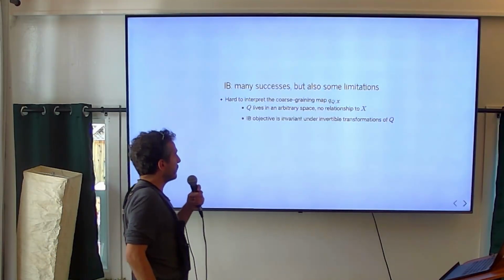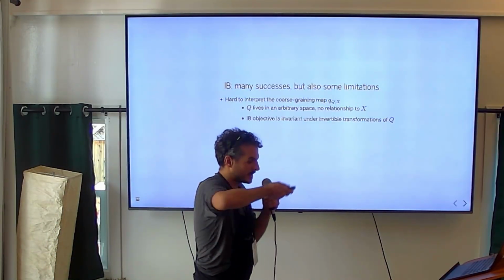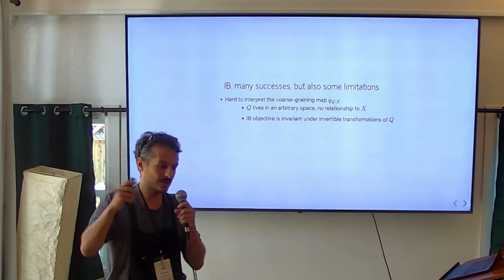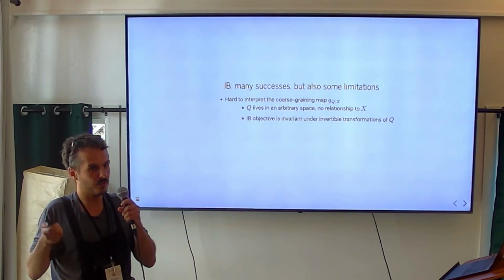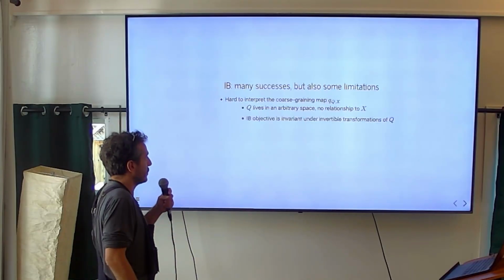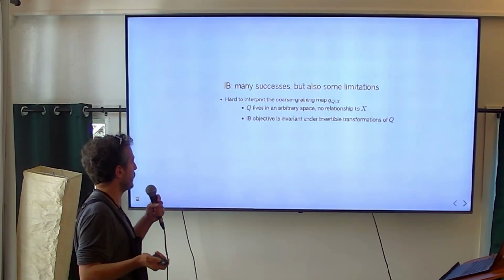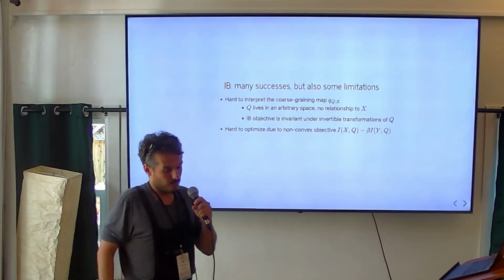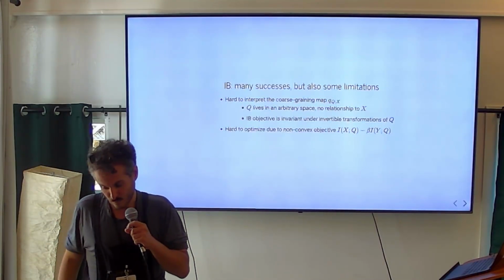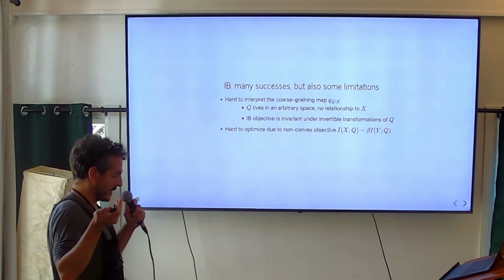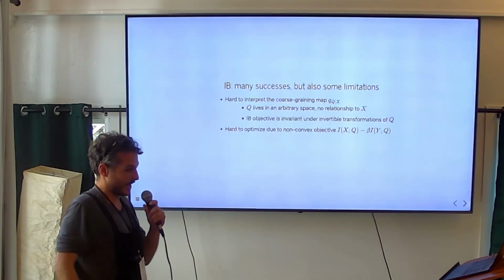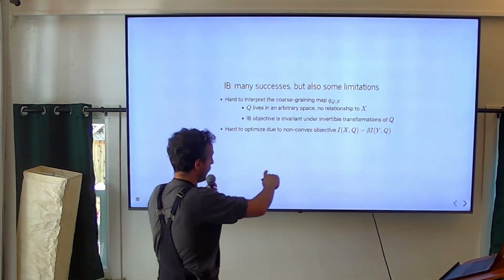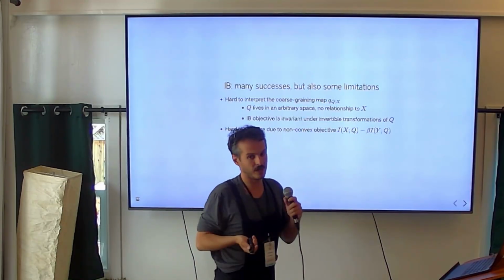So if X is like states of a spin glass, then even if we map it to other states of the spin glass, we could completely permute them and lose all structure, and that's just as good from the perspective of information bottleneck. The other thing, which maybe the recent success of machine learning tells us we don't have to care that much about, is that it ends up with a non-convex objective, unlike regular rate distortion.